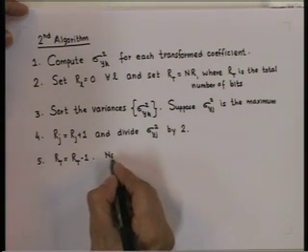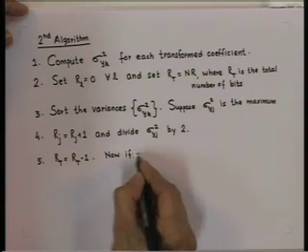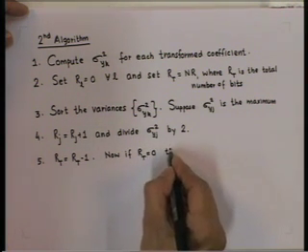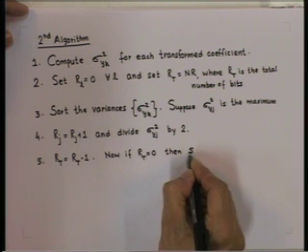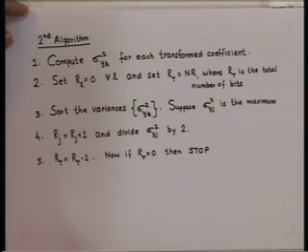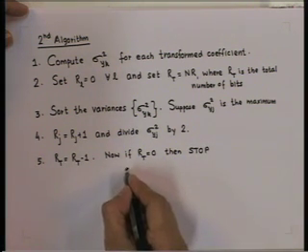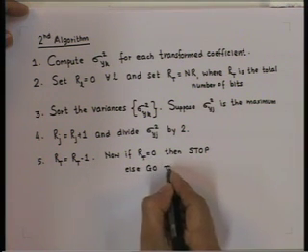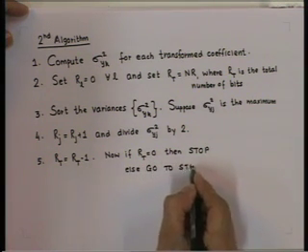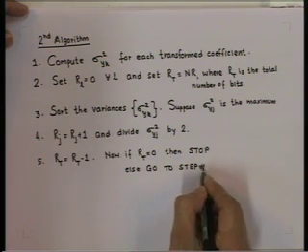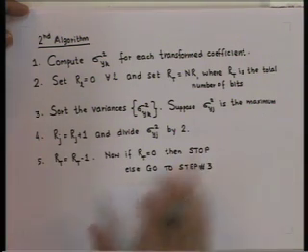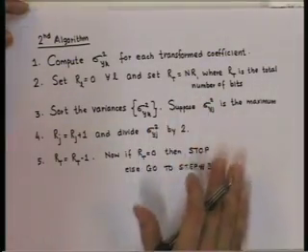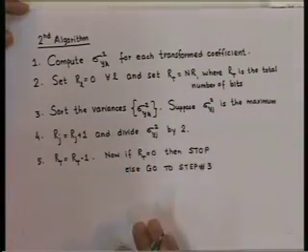Now, if R t is equal to 0, then we stop, else we go to step number 3. Now, at the end of this algorithm, the transform coefficients with higher variances will be allocated more bits.